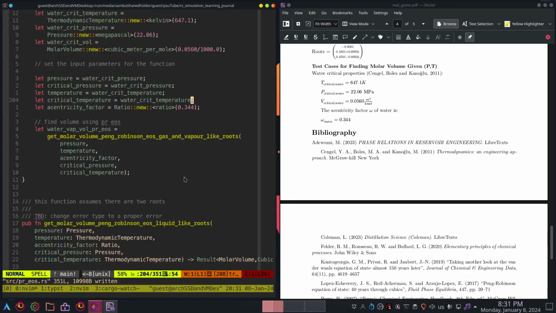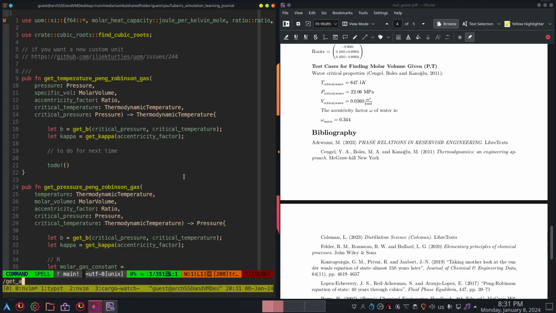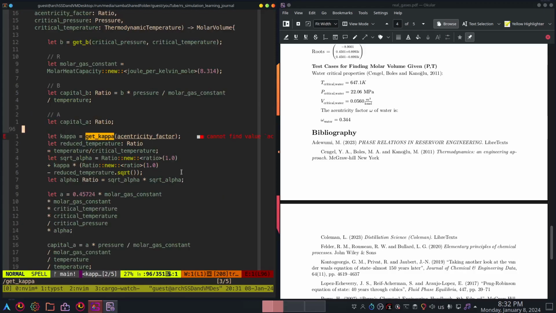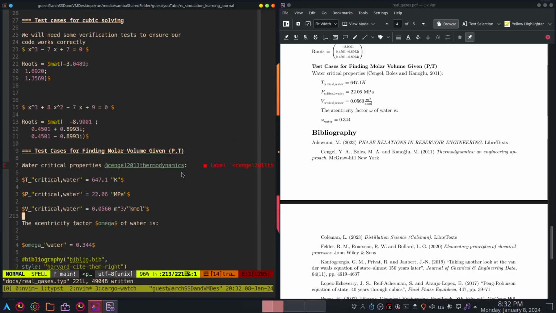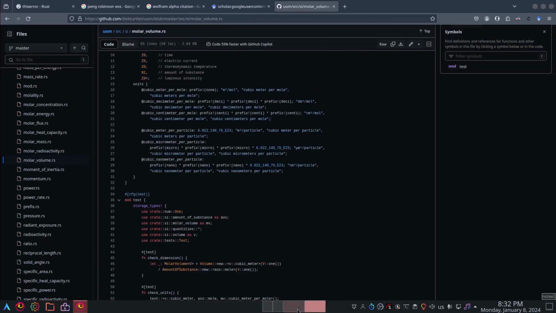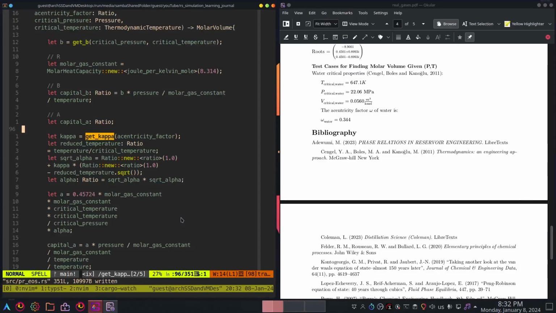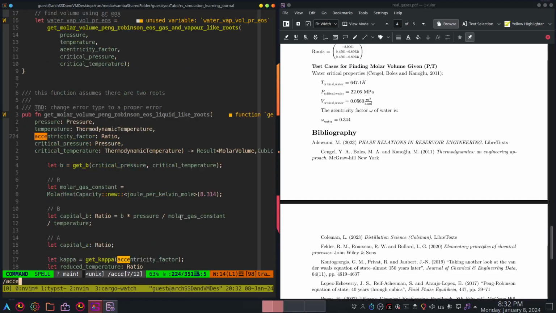Let's look. Get kappa eccentricity factor. That should compile now, right? Let me just do a few more things to tidy things up. I'll just change the spelling as such.